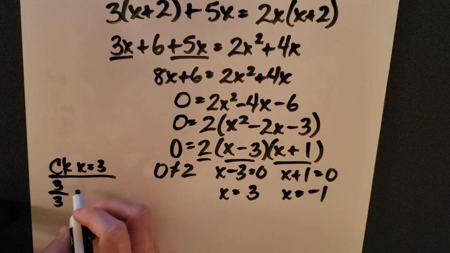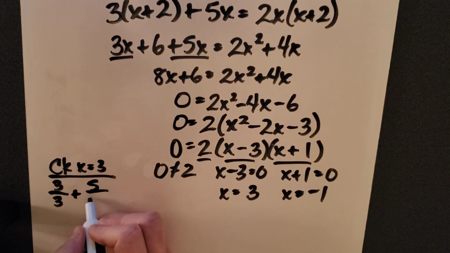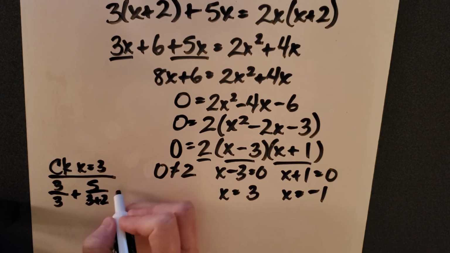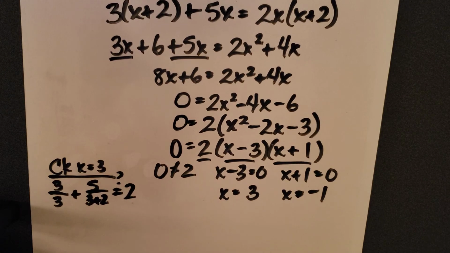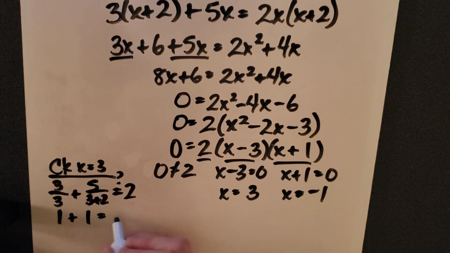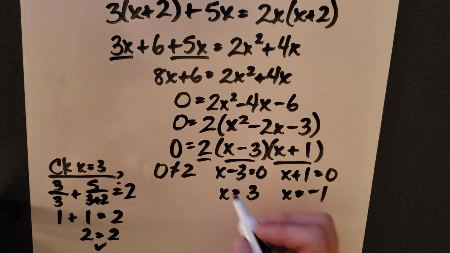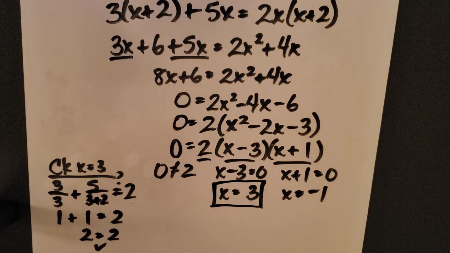So I've got 3 over 3 plus 5 over x plus 2, so that's 3 plus 2. And I'm asking myself, is that equal to 2? Well, 3 over 3 is 1. 3 plus 2 is 5, and 5 over 5 is 1. And of course, 1 plus 1 does indeed equal 2. Okay? And that means that 3 is a good solution for this particular equation, and I'm going to go ahead and put a box around it.